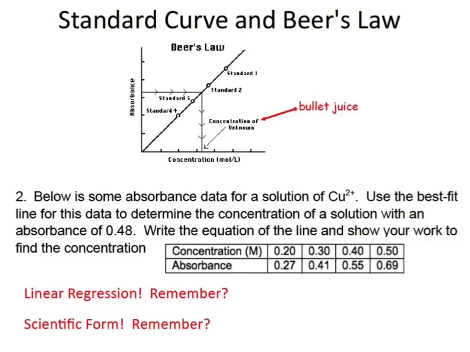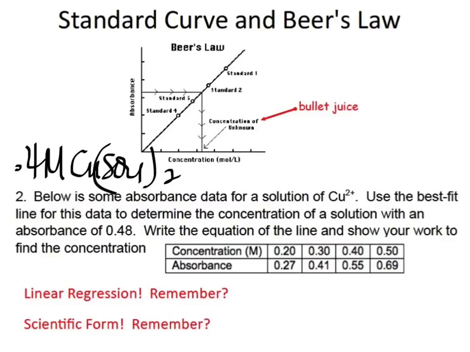Okay, the next thing is in your lab, you've got to do a standard curve. You're going to be given a solution of 0.4 molar copper sulfate, and you're going to have to dilute it from 0.4 down to 0.025 molar.